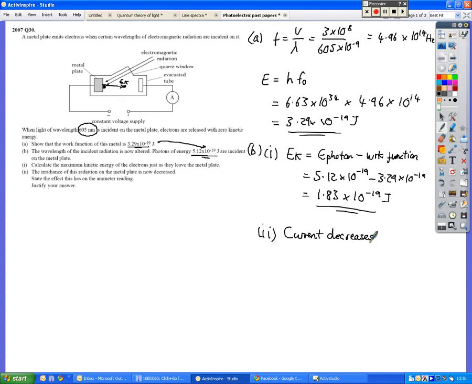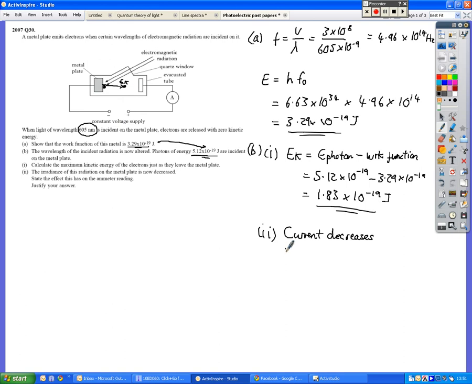So the current is decreased, and the reason for that is because there are less photons falling on this surface. So if irradiance is decreased, then it means there's less radiation falling per unit area. So therefore there are less photons. If there are less photons, then there are going to be less electrons ejected. Less electrons flowing across here means less electrical current.